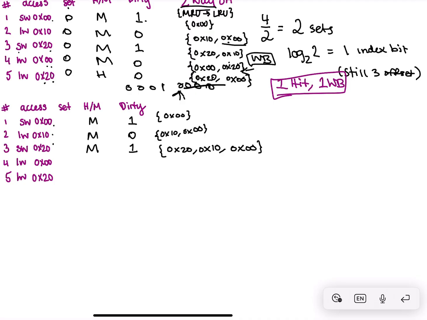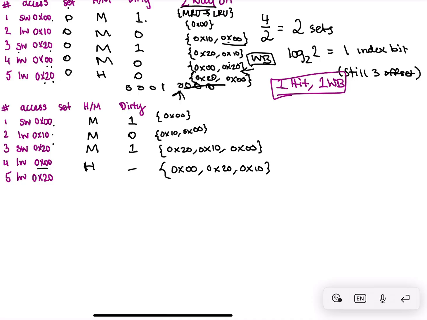Okay, so now we're loading this back in. It's already there, so we actually hit. It's still here, and we don't do anything. And then we just promote it to most recently used. And then we scoot everything down.